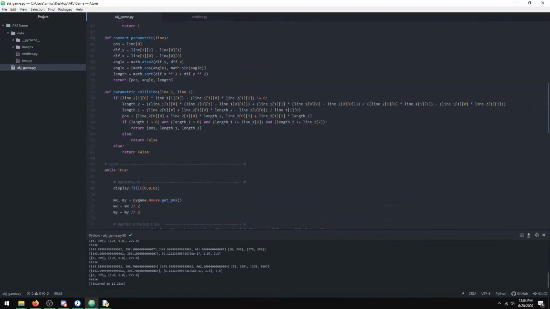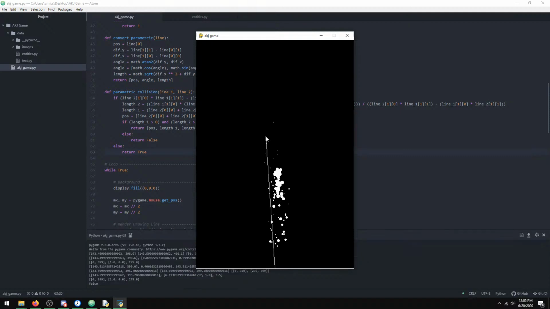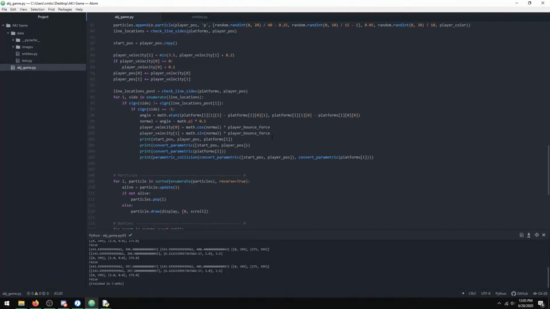Wait, so false happens when... Oh, I do have a check in here to see if it's 0. I'm gonna just return true so I know if it's because it's 0. So it just thinks it's outside of the line. What? How does that happen?